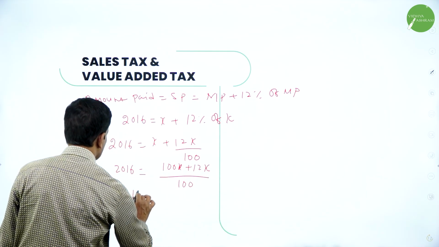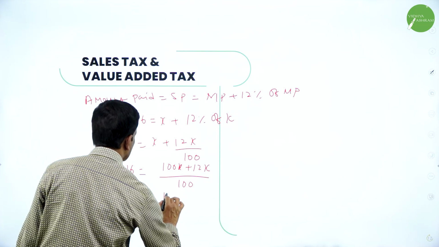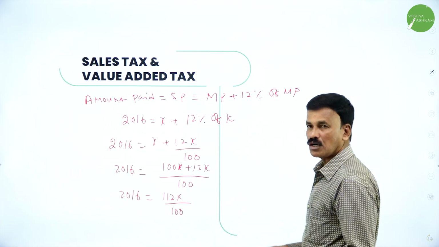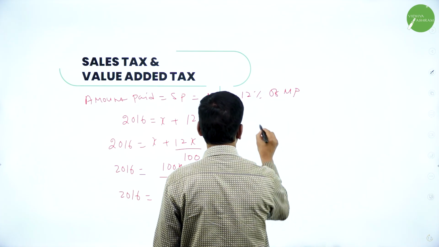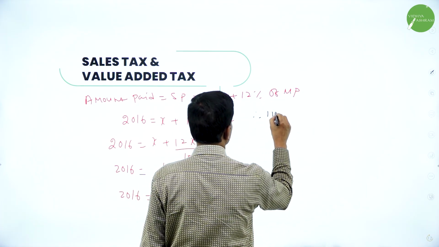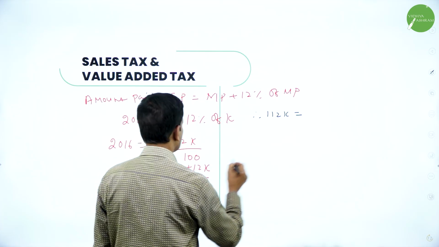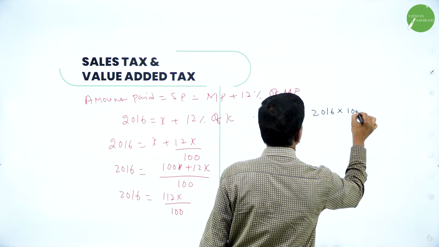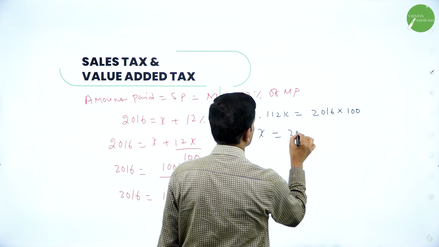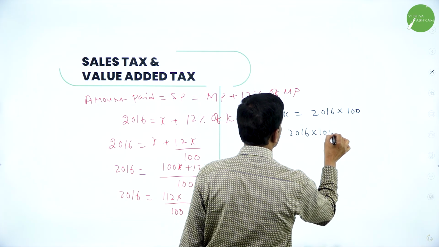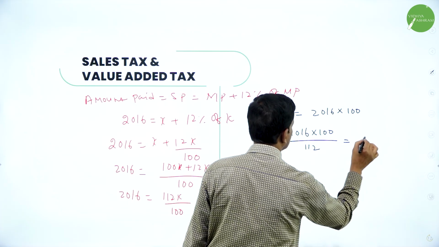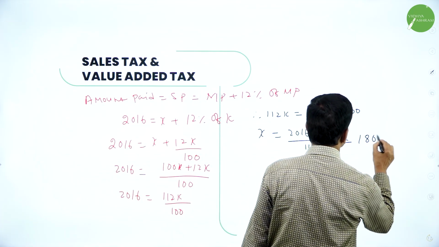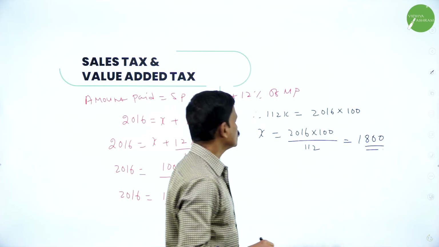So 2016 is equal to 112x divided by 100. Cross multiplied, so 112x is equal to 2016 into 100. Therefore x is equal to 2016 into 100 divided by 112, is equal to 1800. This is the x value.